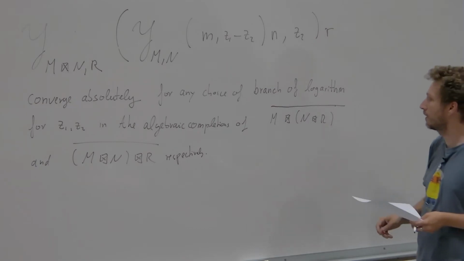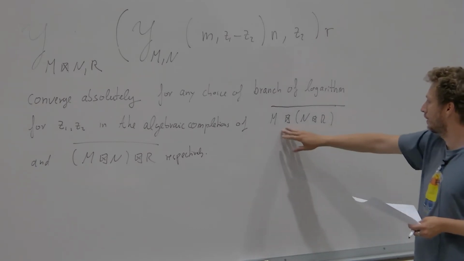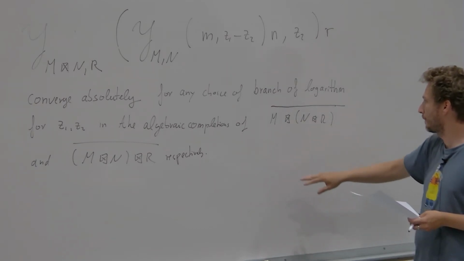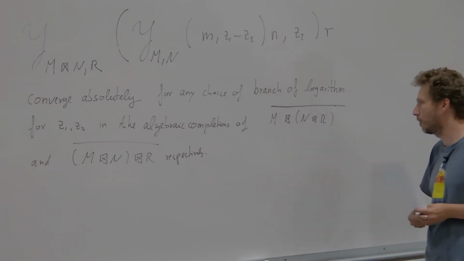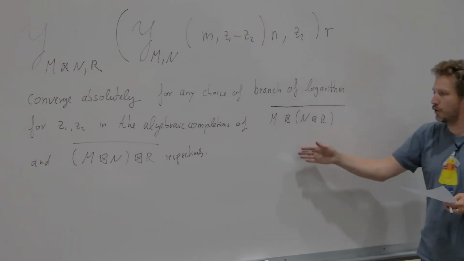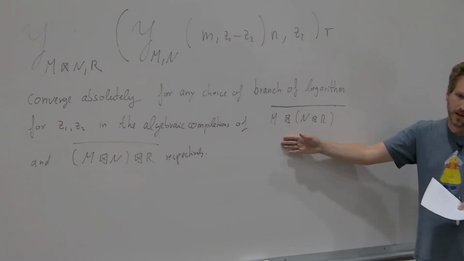So this is in the algebraic completion. What you allow in the algebraic completion is infinite direct sums.